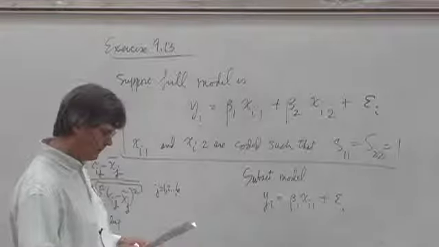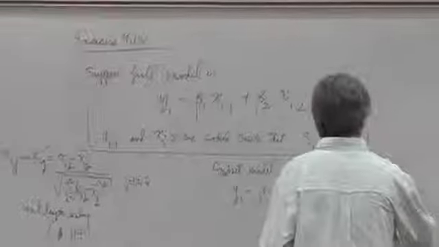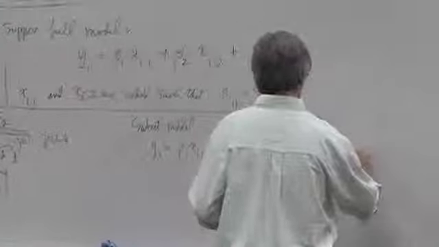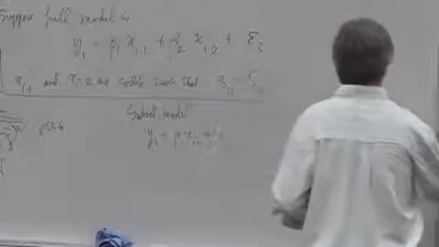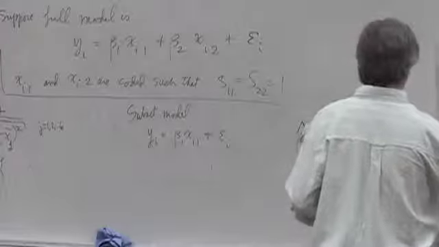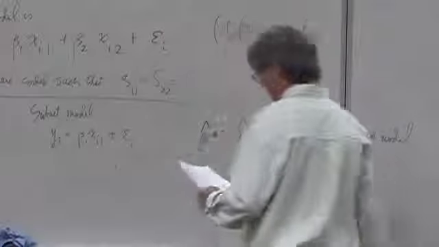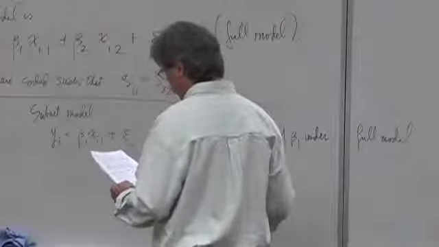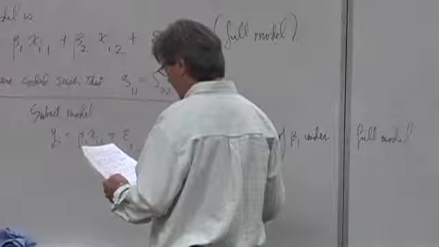Then beta 1 hat star equals the estimate of beta 1 under the full model. This is the full model. Just recapping the things we already talked about. And beta 1 hat is going to be the estimate under the subset model.